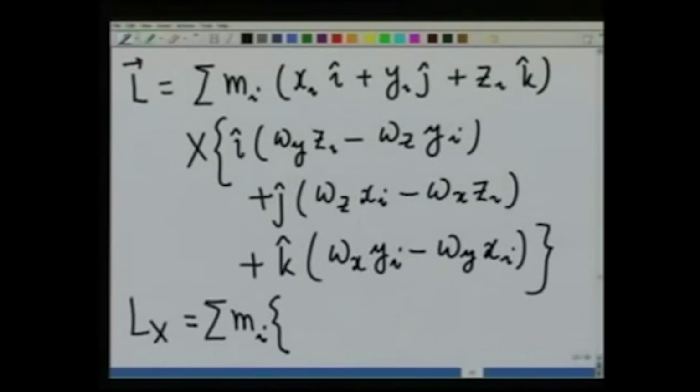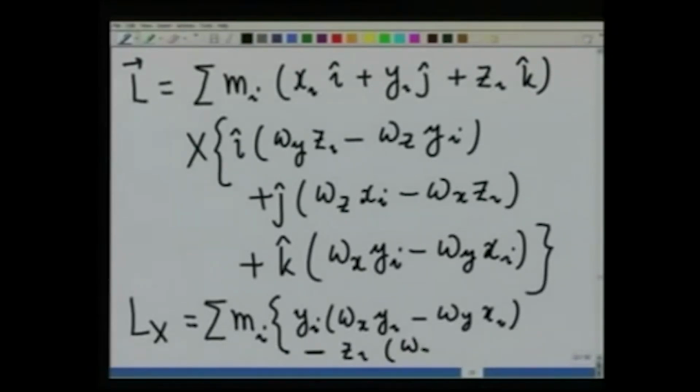For x component, let us start multiplying. j cross k would give me one component, so that will be yi omega x yi minus omega y xi, plus k cross j would give me a component, that will be minus zi omega z xi minus omega x zi.